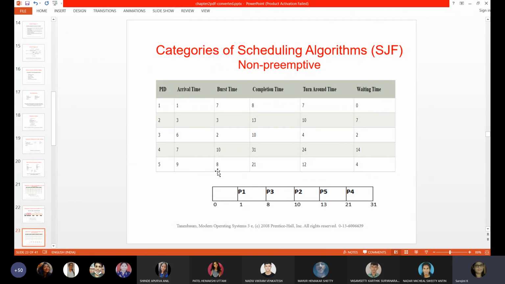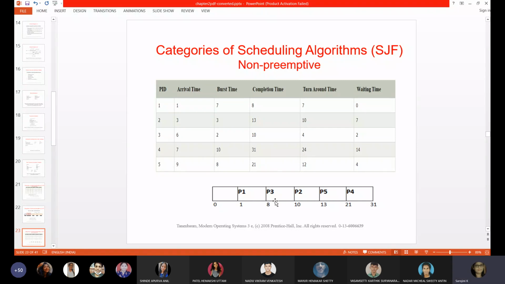So now all the processes, including process 5, are in the ready queue. But the processes that will not be in the ready queue are those that completed their execution: process P1 and process P3.